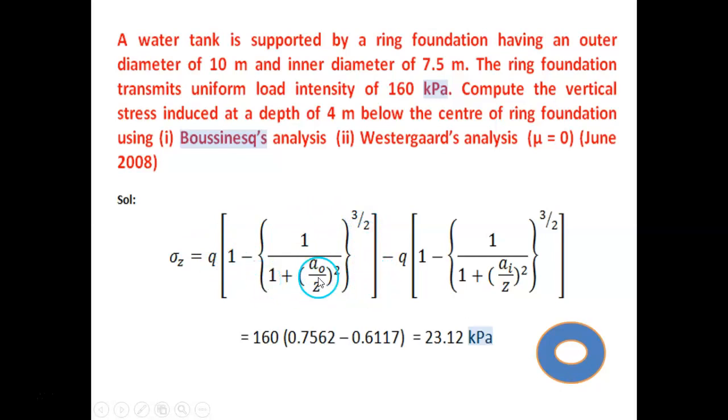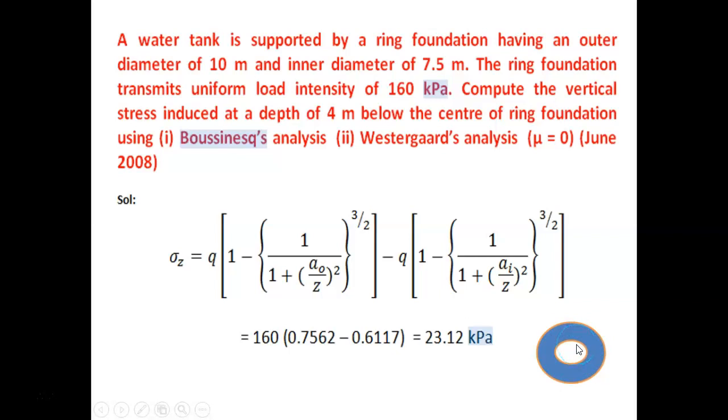So there you have to take this A0, that is outer radius, as 5 meter. Outer diameter is given as 10 meter, so outer radius is 5 meter. 5 divided by Z value, which is 4 meter. Q is 160. Then, since there is no load acting over this cavity, you have to deduct the stress due to this inner circle.